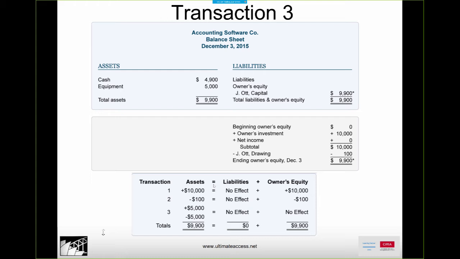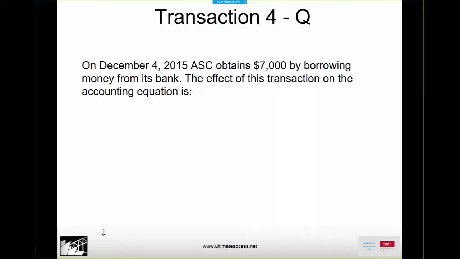Now let us go into the 4th question. On the 4th of December, ASC obtained 7,000 by borrowing money from its bank. So they got money from the bank, they borrowed. The effect of this transaction on the accounting equation is what? How will it show in the accounting equation? What is the debit and what is the credit? You have borrowed 7,000.